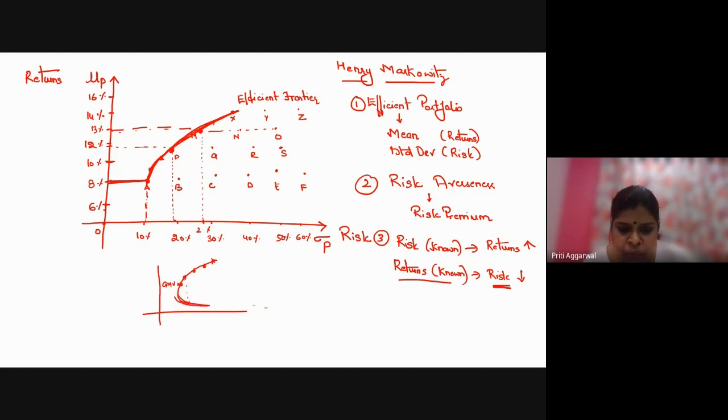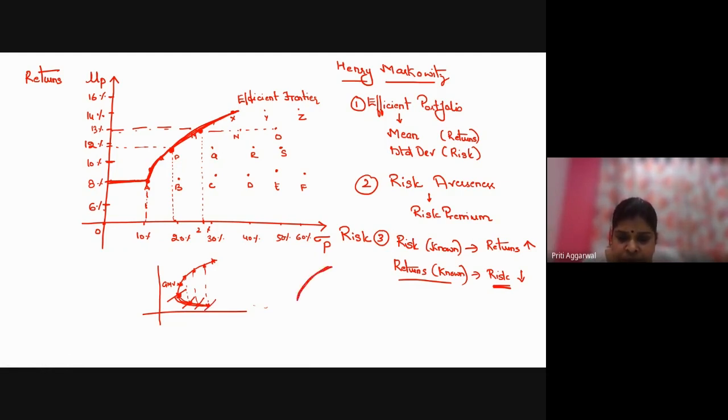So if there are two portfolios at the same level of risk, but the return in one case is low and in the other case is high, I will always reject the ones wherein the returns are low. So your efficient frontier will now look something like this.